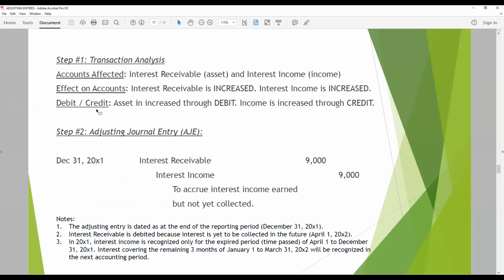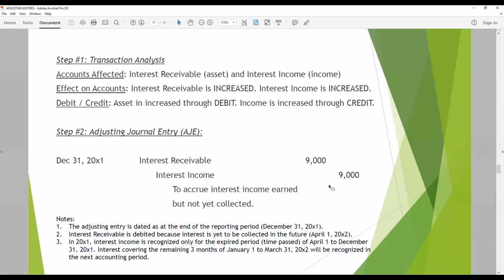So what is the debit or the credit? Asset is increased through debit and income is increased through credit. So your adjusting journal entry as of December 31 to record the interest earned is debit interest receivable 9,000 and credit interest income 9,000. To accrue interest income earned but not yet collected.